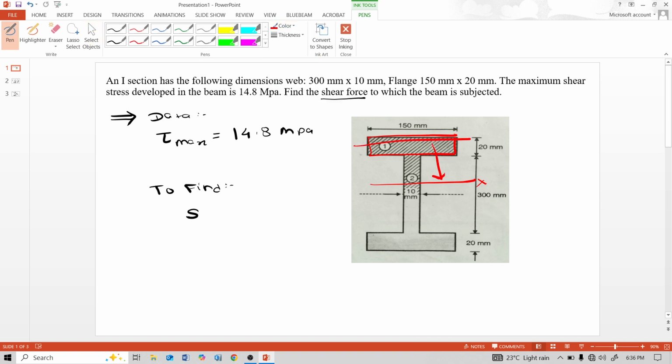From the bottom up to this distance is 20 plus 300 plus 10, 330 mm, and 330 minus 170 mm, 170 is this, gives this distance, 160.